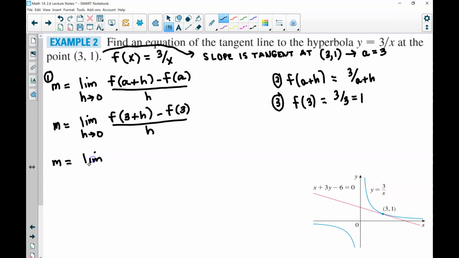So now we can replace those into our current limit. We have the limit as h approaches 0, f of 3 plus h. I'm going to put this as 3, this should have been a 3 there. So we have 3 over 3 plus h minus 1 all over h.